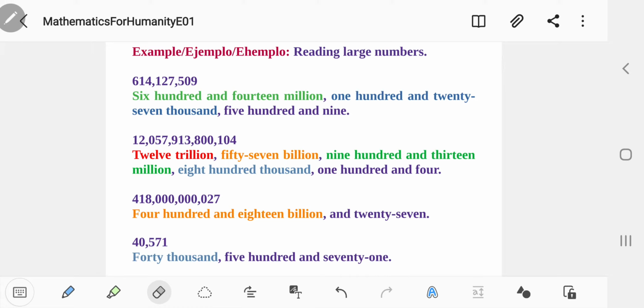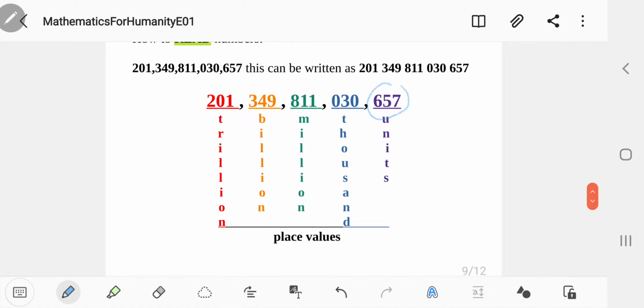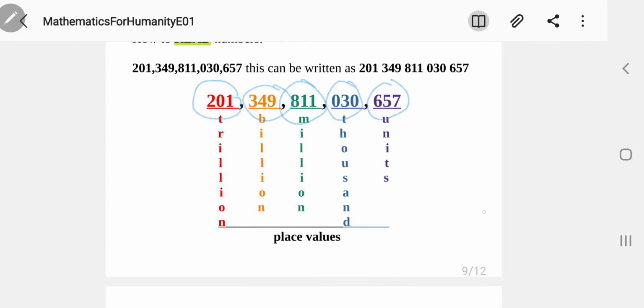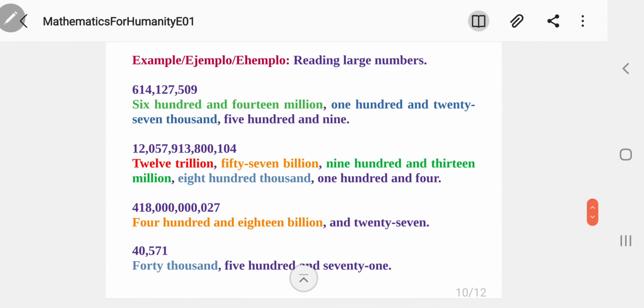As you can see here, units place, thousands place, millions place, billions place, and then you have trillions place. So for this number, you have to include the place value.